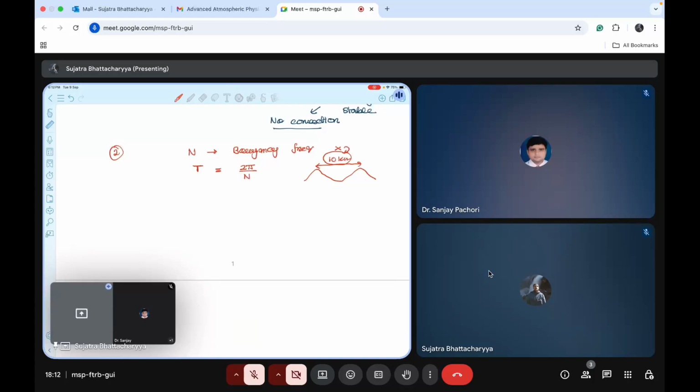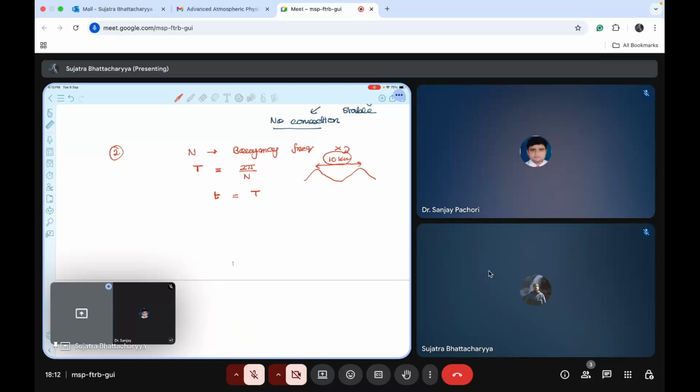We need to find the velocity with which the air is moving. It has been asked that the time period of this motion should match the buoyancy oscillation. So small t should be equal to capital T.